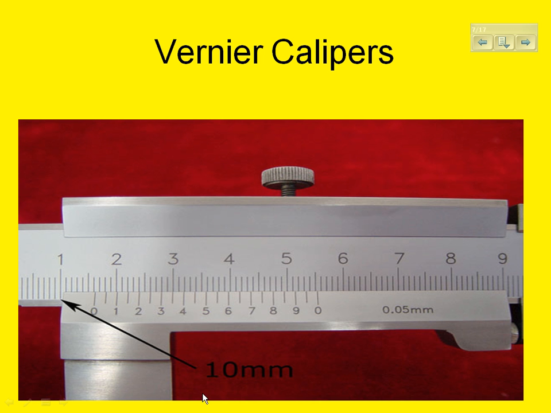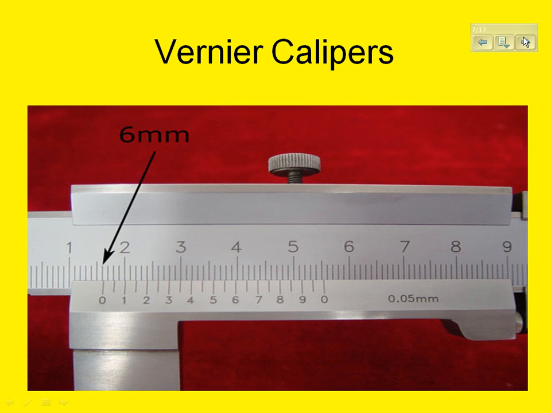Notice that the 0 mark is past the 1. So in this illustration, that represents 10 millimeters. You're looking for the 0 mark going past the main number. Now you also could have read this as 1 centimeter. The next digit in this illustration is looking at where that 0 is.